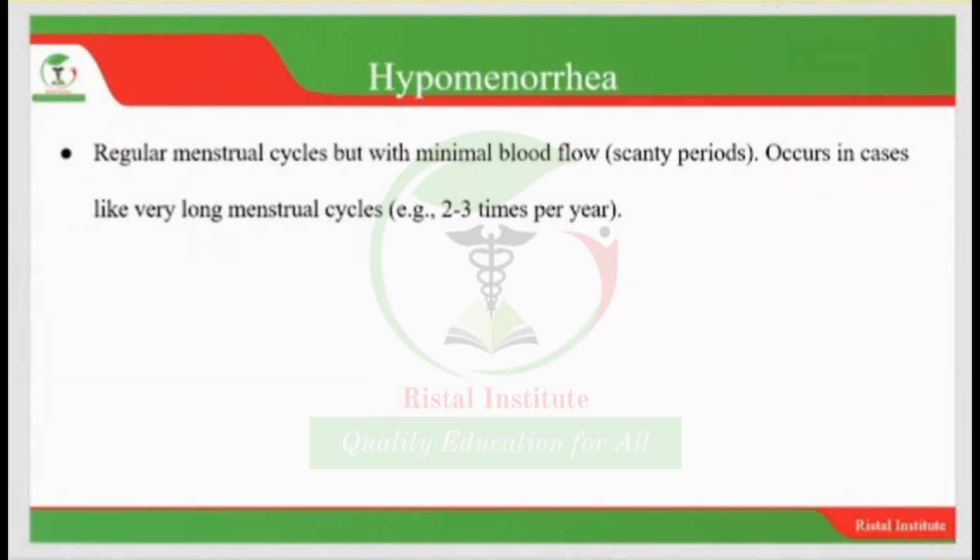The amount of blood that comes out is very, very minimal. So this occurs in cases like very long menstrual cycles, and an example is 2 to 3 times per year.